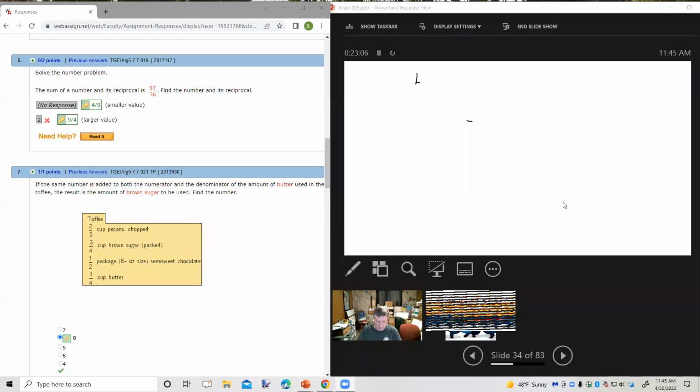So this is from section 7.7, number 6. The sum of a number and its reciprocal is 97 over 36. Find the number and its reciprocal. Okay, so how about if we do this? Let the number equal x.